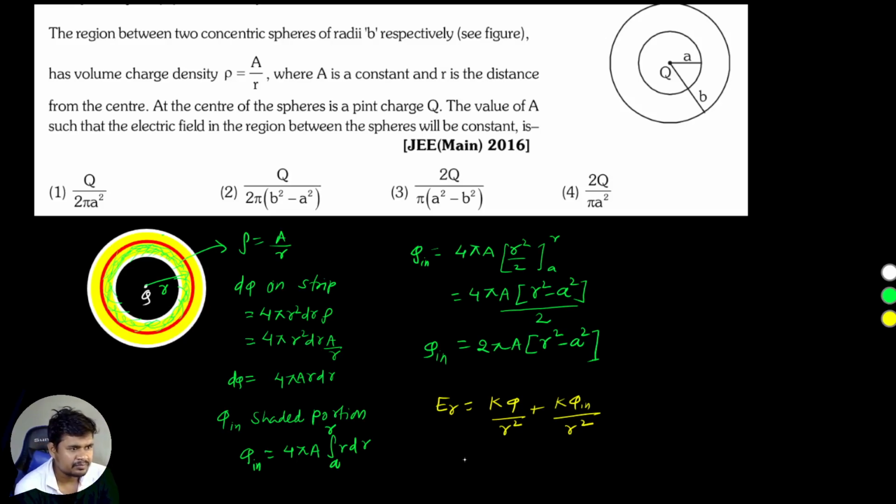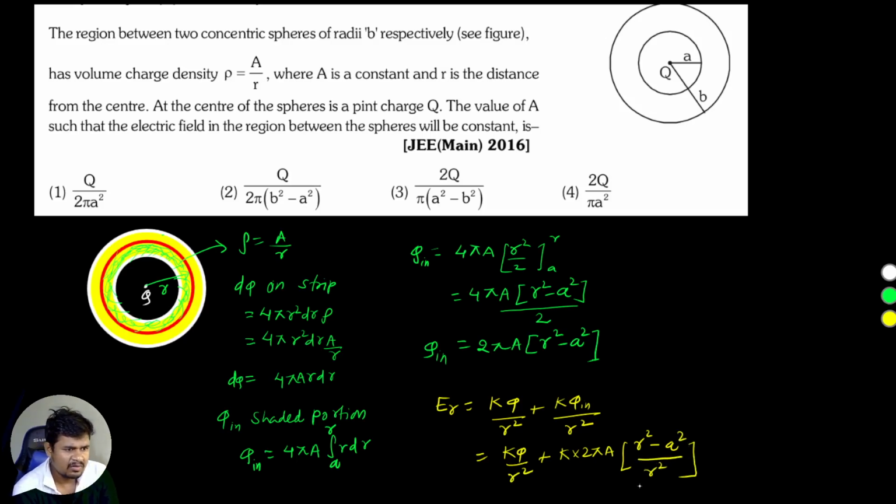So it is not a function of r, which we need to keep in mind. Substituting the value, this becomes kq by r square plus k times 2 pi a times (r square minus a square) by r square.